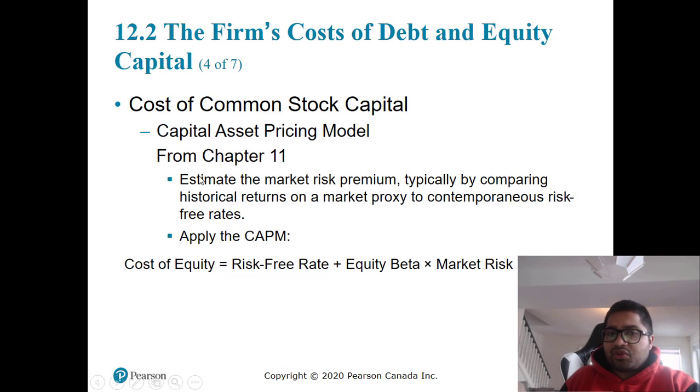Okay. And then we use the formula: cost of equity equals risk-free rate plus equity beta times market risk premium. Market risk premium is the return on market RM minus RF.